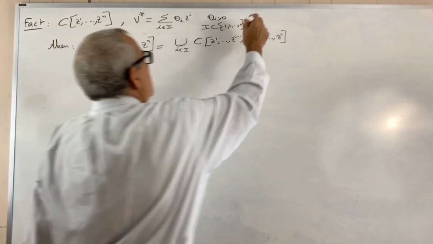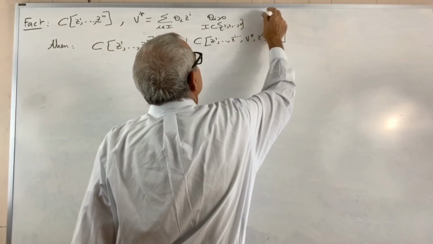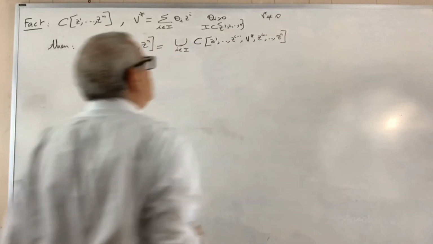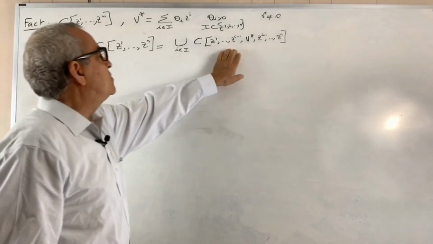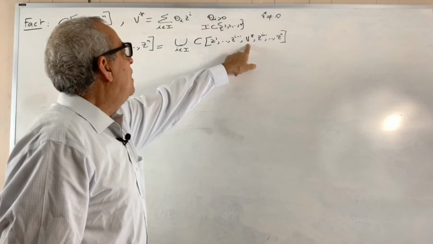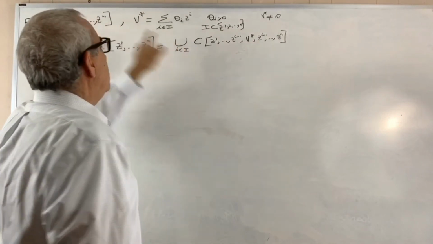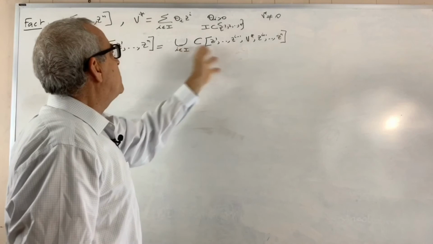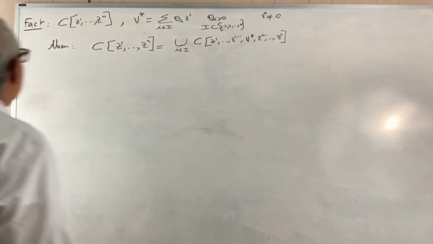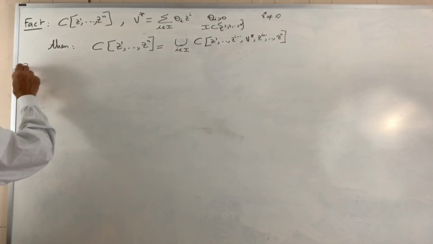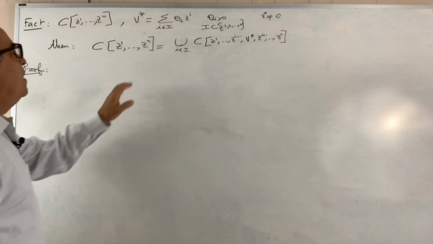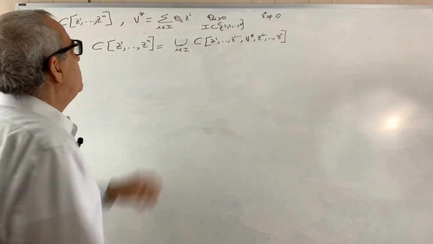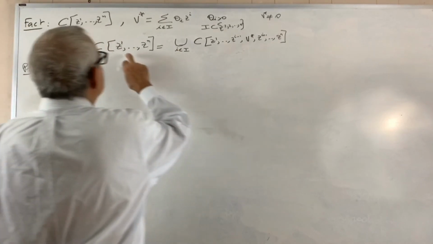Okay, I'm assuming here V star is not 0. So our cone is the union of these cones, where we replace the Zi by this vector V star. And so it's the union of all these cones. So the proof: we're going to show that, first of all, this set here is contained in this set.